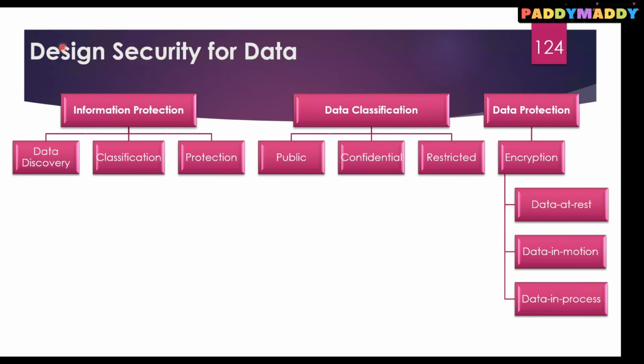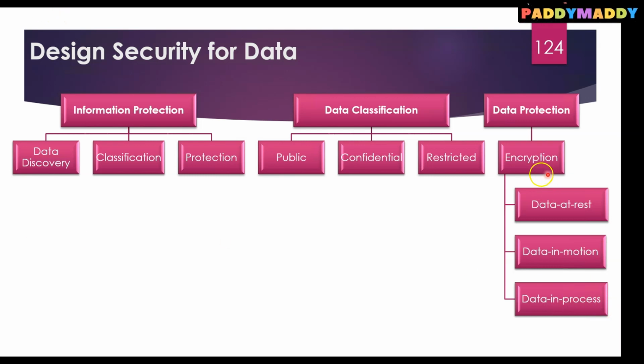So when you design security for your data, you need to identify the risk, the data importance and criticality, then classify, and finally apply the encryption method, whether for data at rest, in motion or in process.